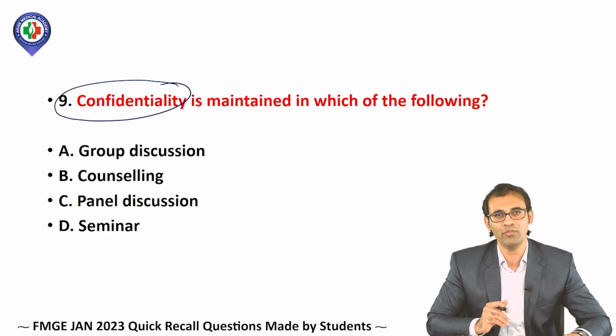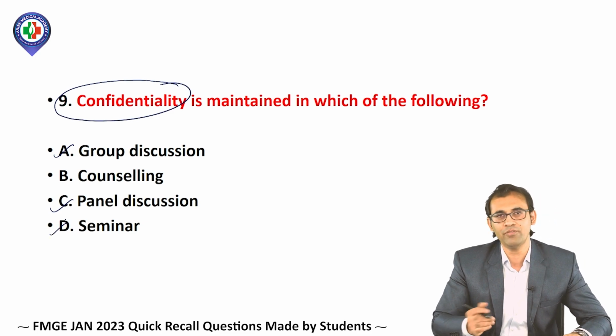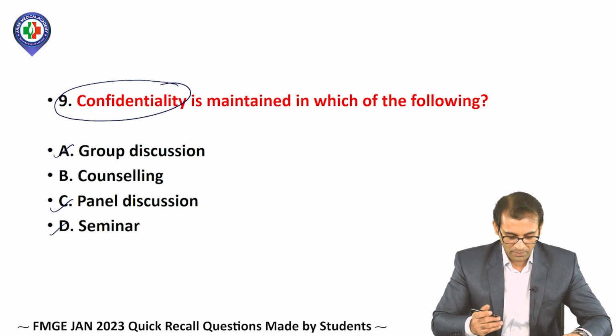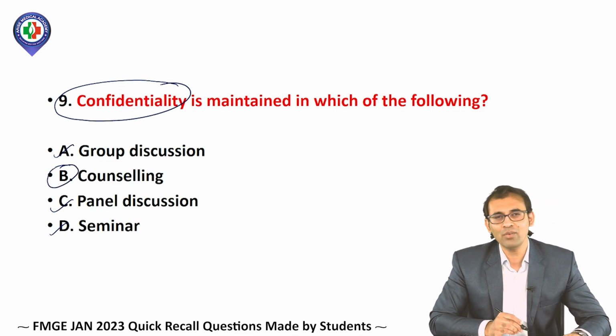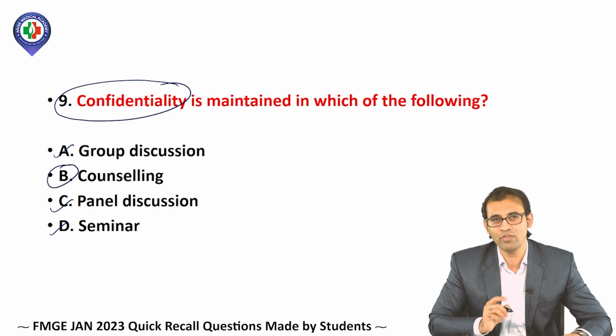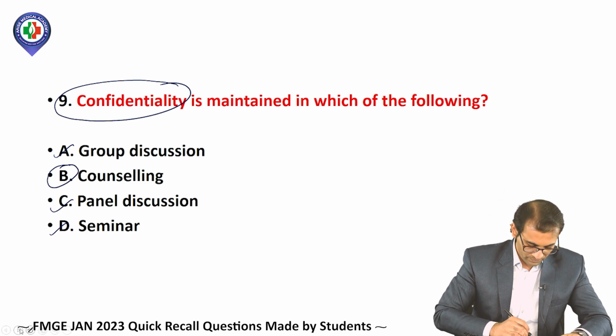Other options like group discussion, panel discussion, and seminar all happen in front of the people. Especially option B, counseling. When I do personal counseling, obviously I should maintain the confidentiality of the patient. So the answer here will be counseling.